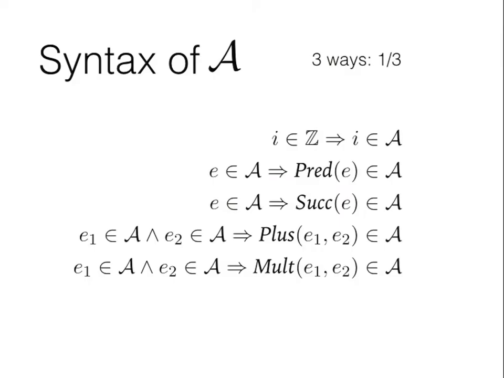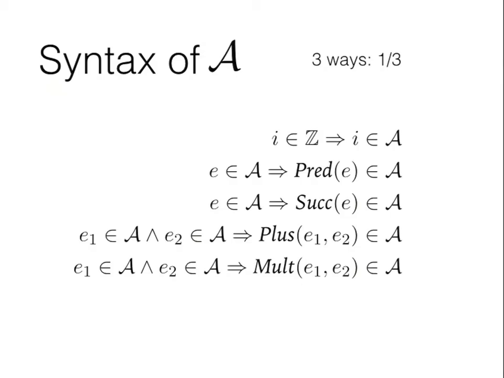This way is maybe the most tedious way: I give a bunch of constraints on that set, and I say it's the smallest set that satisfies these constraints. It's an implication here. The way to read this is, if I is an integer, then I is in the language.